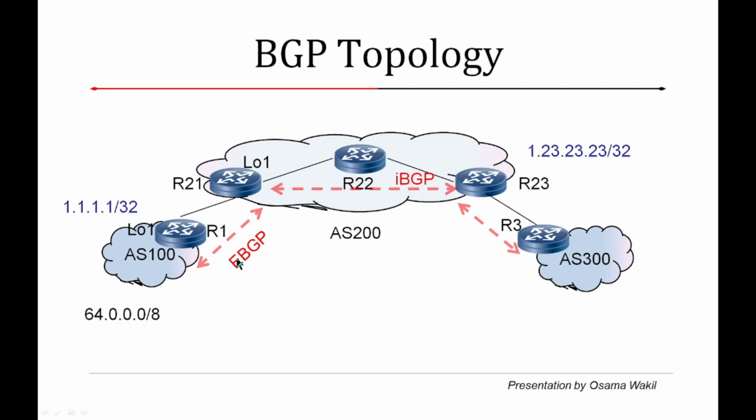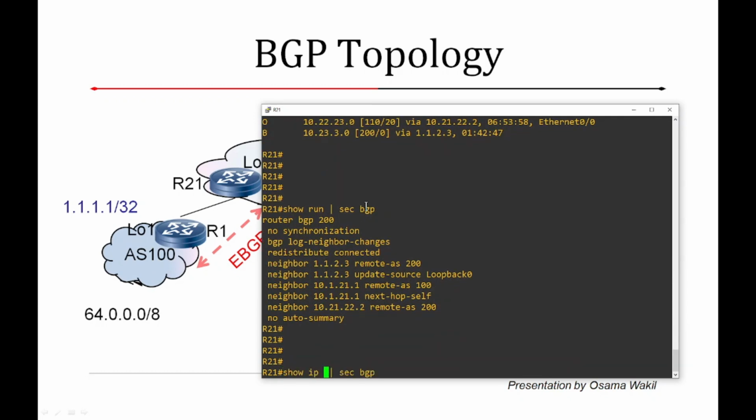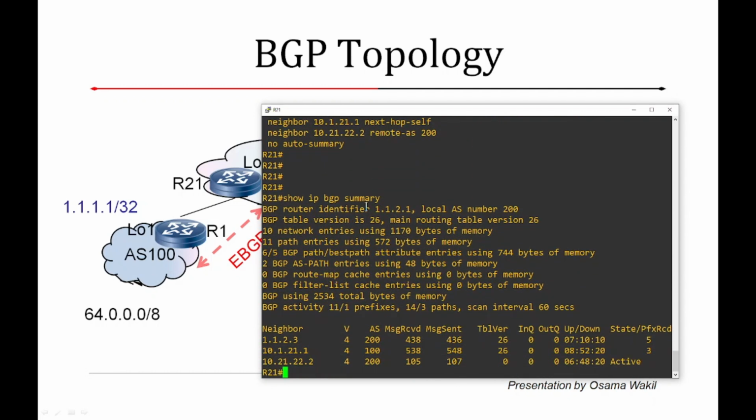We can also go into a demo. Let's log into the router R21, and once we log into router R21, we can see some details, let's say show ip bgp summary. When we look into show ip bgp summary, we see that this local router is running AS number 200.